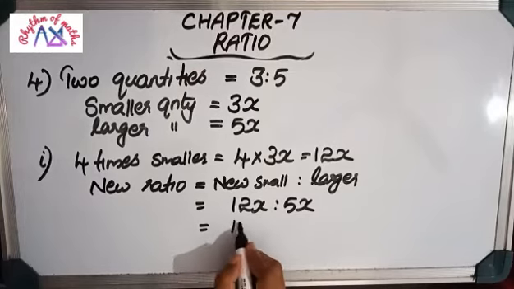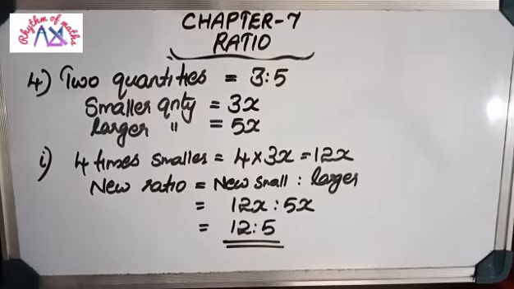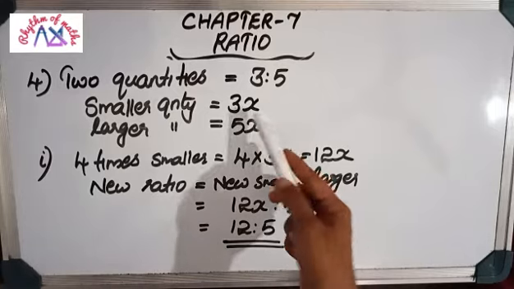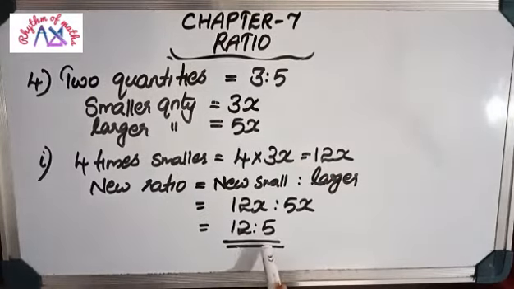Cutting the x, we get 12:5 as the new ratio. If you take 4 times the smaller quantity, the change comes only here, so that changes to 4 threes are 12. So 12:5 is the new ratio.